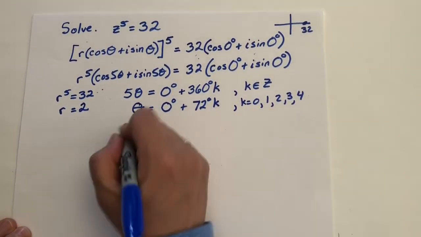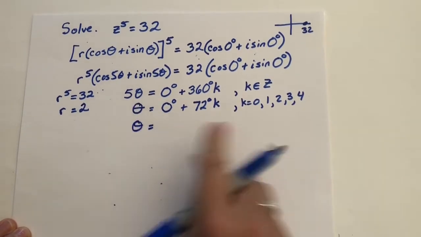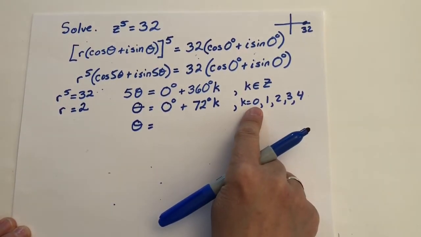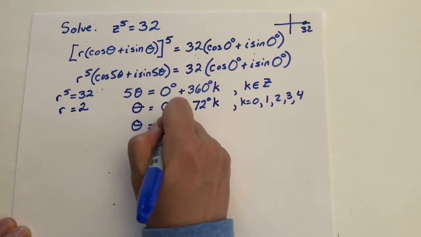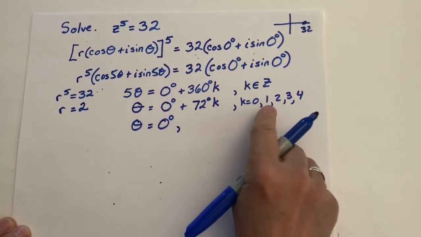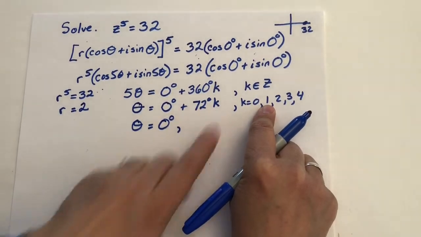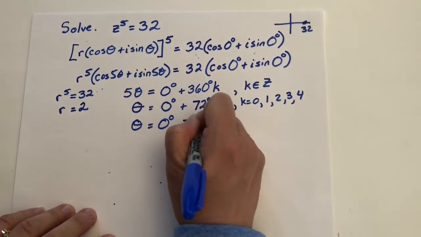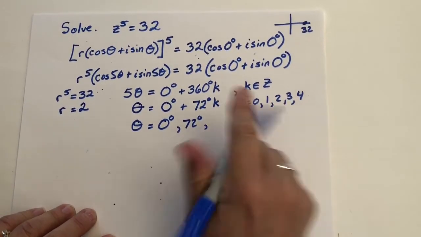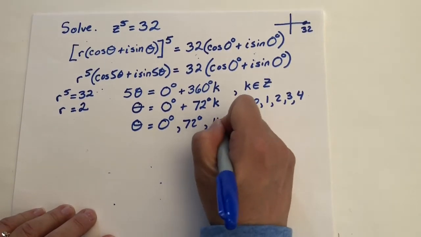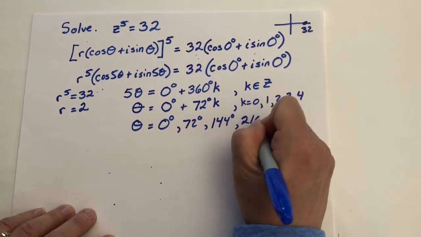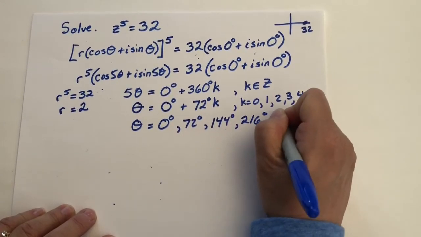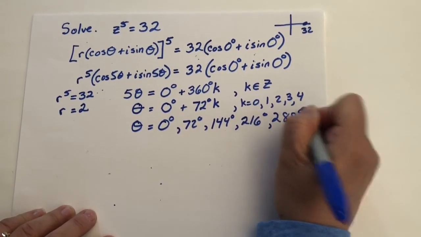So if you do that, we substitute in k equals 0, and we would get 0 degrees. Substitute in 1, we would have 72 times 1, which is 72 degrees. Substitute in 2, and we would get 144 degrees. And keep going, and you'll get 216 degrees and 288 degrees.